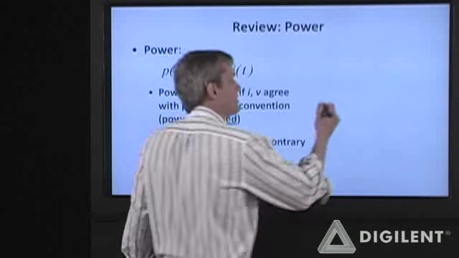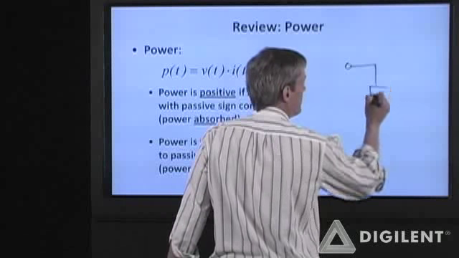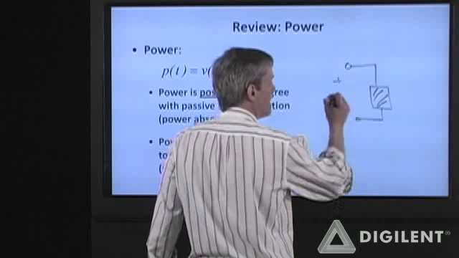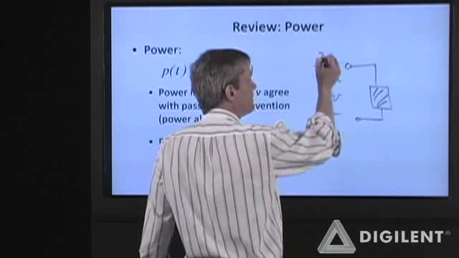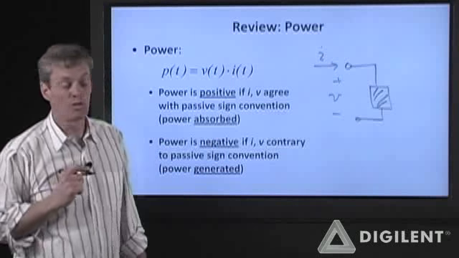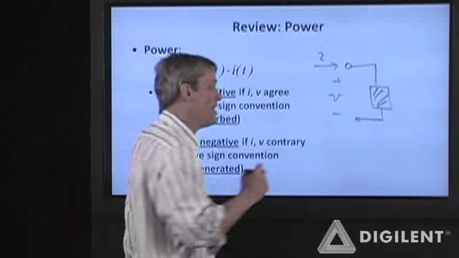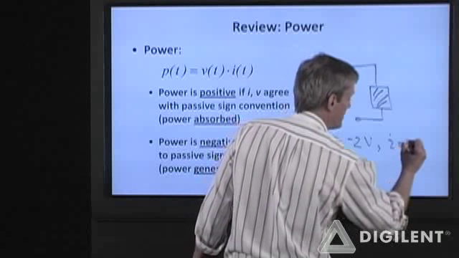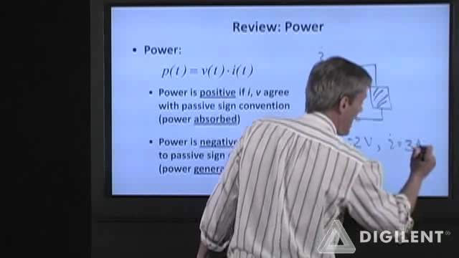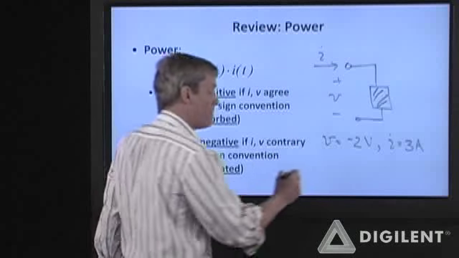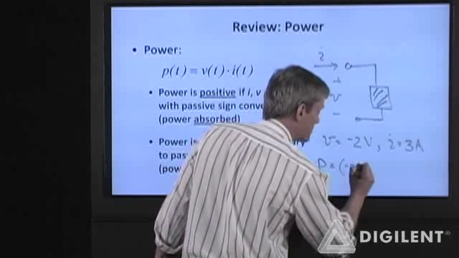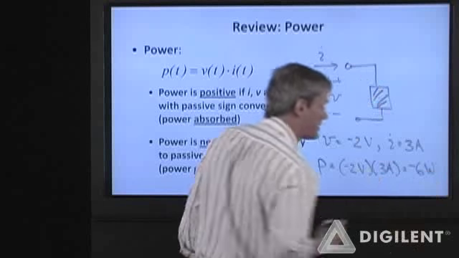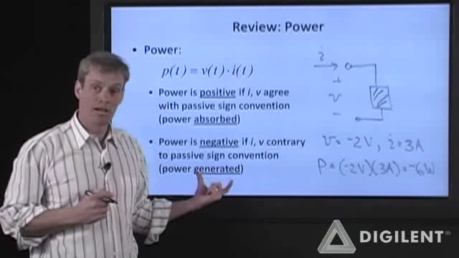So for example, similar example as before, if I have assigned voltage being positive polarity this way and current's assumed direction being positive that way, if I find out that voltage is minus 2 volts and current is plus 3 amps, then power is minus 2 volts times positive 3 amps, which is minus 6 watts. This element is generating power.